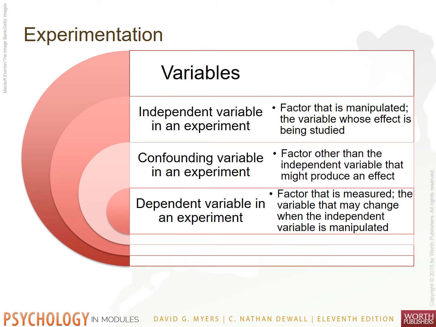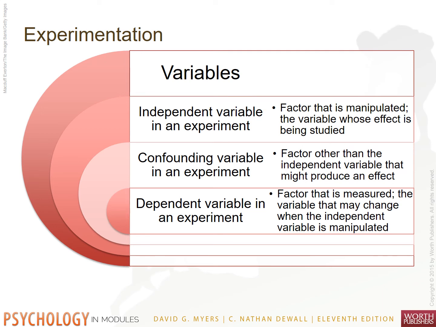And finally, the confounding variable is the alternative explanation. So, like I was mentioning, if you don't do random assignment, you can have many alternative explanations. Maybe you have too many men in one group, too many women in another group, or rich people in one group, poor people in another group, or smart people, not so smart people, social people, whatever.